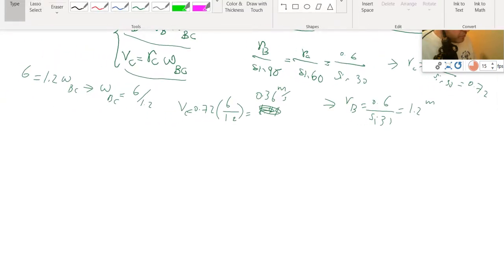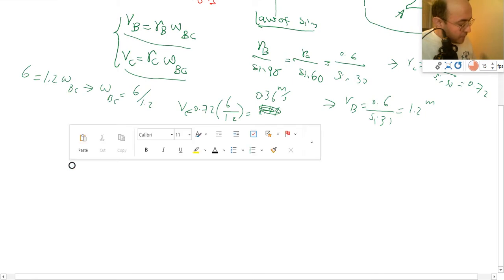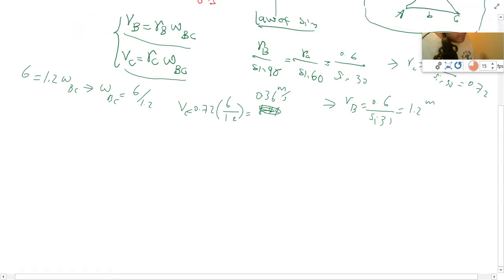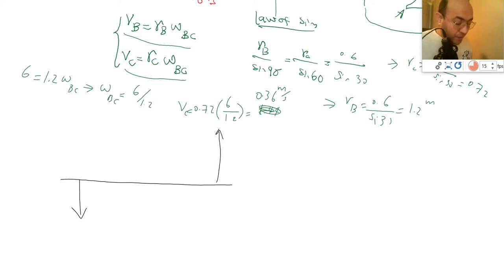If I have velocities which are parallel together, a case like this, if you have 2 points, one point's velocity looks like this, the other point's velocity looks like this. If the velocities are parallel together, we should know the magnitude of each of them. If you don't know the magnitude, we won't be able to identify where they are. But if you have the magnitude, we can just simply draw it like this.